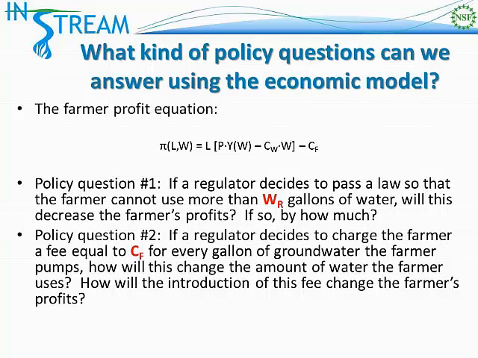What you would do is, instead of just C sub W, now you would have C sub W plus C sub F here. Multiply that cost by the amount of water used by the farmer, and that will give you the total cost to the farmer of pumping those units of water.